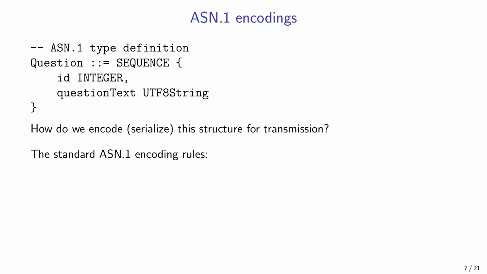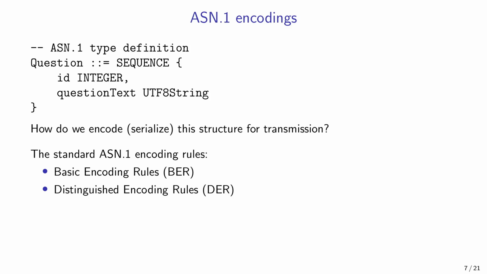Let's have a look at the list of standard ASN.1 encoding rules. The first, BER or basic encoding rules, is a binary encoding mechanism which encodes ASN.1 data by encoding their type, length, and value. Then DER, or distinguished encoding rules, is a subset of BER encoding, with the only difference being that it is more restrictive.